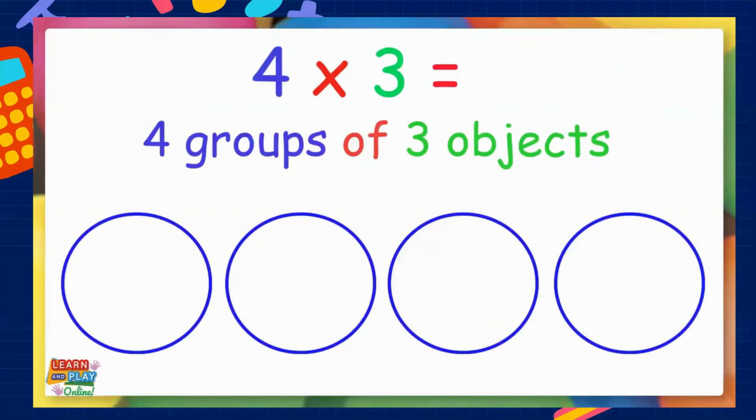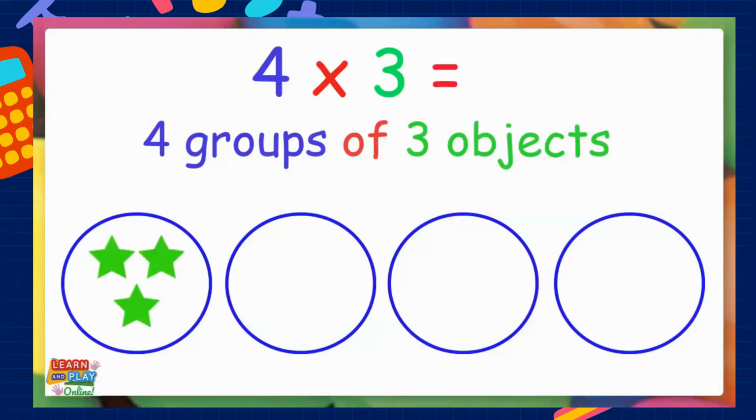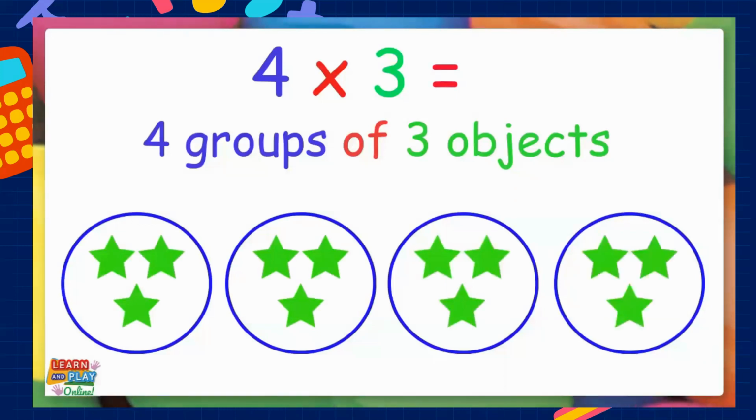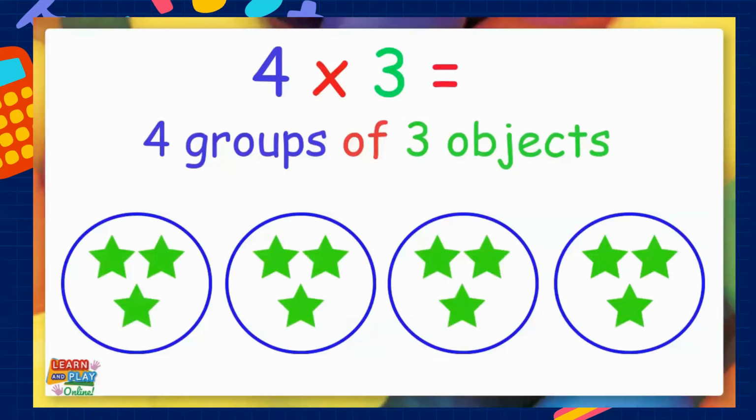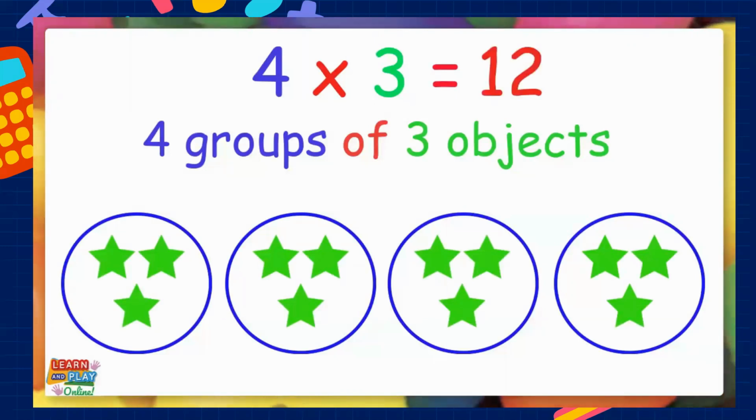Now let's use stars as our objects and we're going to put 3 stars in each group. Now we have made 4 groups of 3 stars in each group. How many stars do we have altogether? 12 stars. That's right. So the answer to 4 times 3 equals 12.